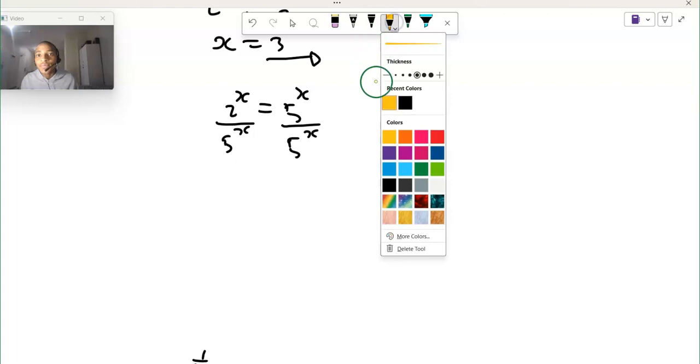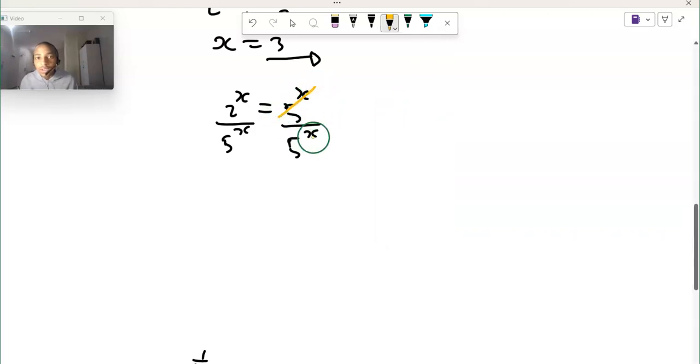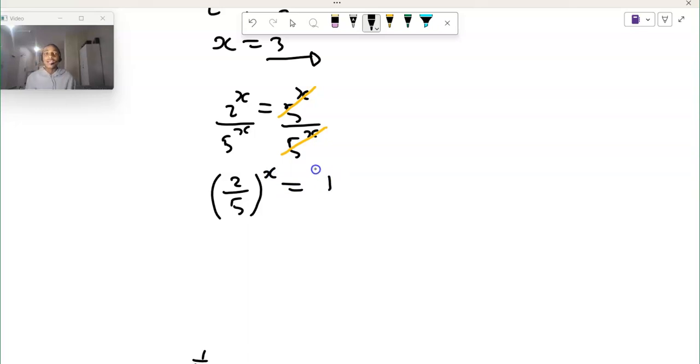These just cancel each other, and then you will be left with 2 divided by 5, all of this to the power of x, is equal to 1, right?